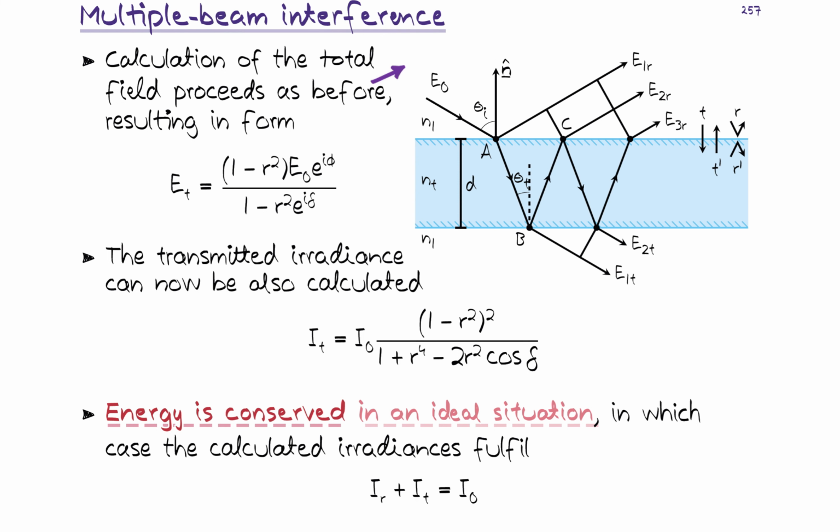So all of the light is either reflected or transmitted. And this works out as long as we do not have any losses. So, for example, the smoothness of my thin film structure is nice, so that there won't be any diffuse scattering in different directions, and there are no losses related to absorption in the thin film structure. And most of the time we can assume that this would be the case. There are no losses in the system of interest.